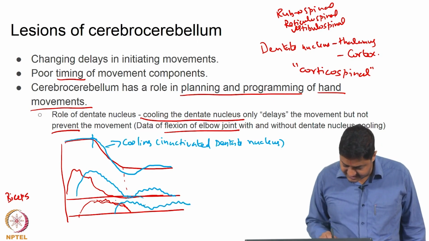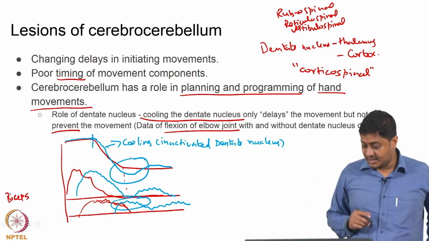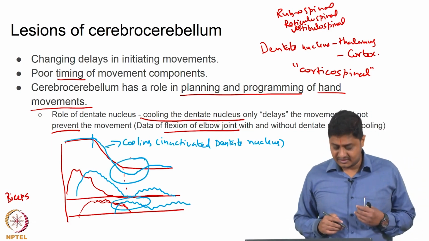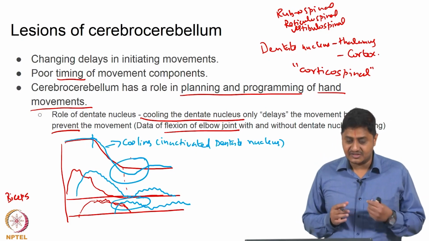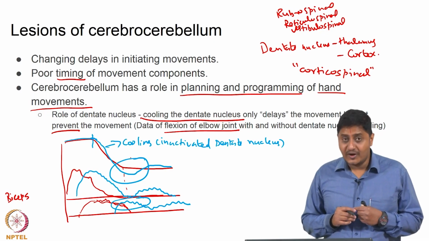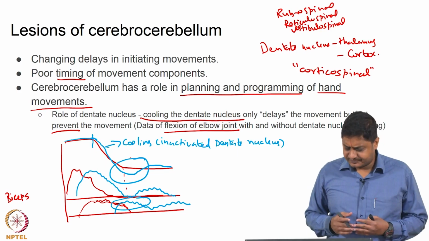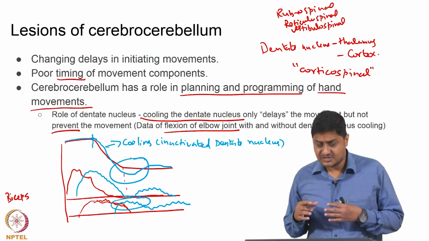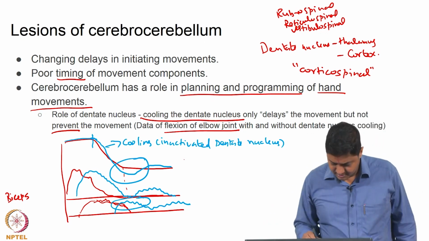Because of this reason you are having this feature, because the triceps and biceps activity are poorly coordinated between these two muscles. What you have is poor temporal coordination or poor coordination in terms of smooth ending of movement is what is observed, right. That is the velocity curve.